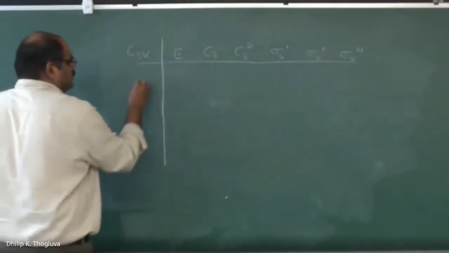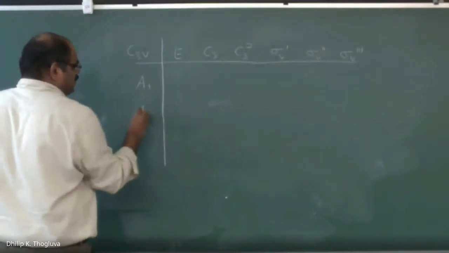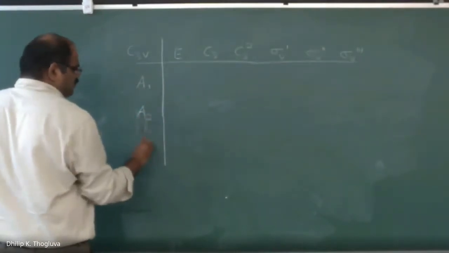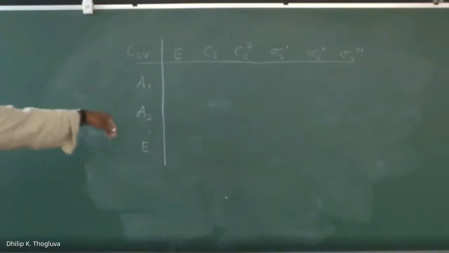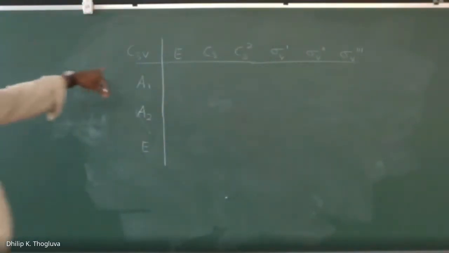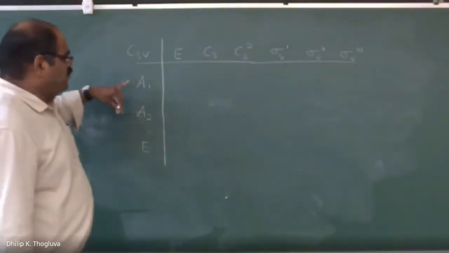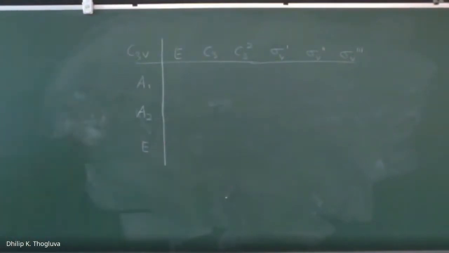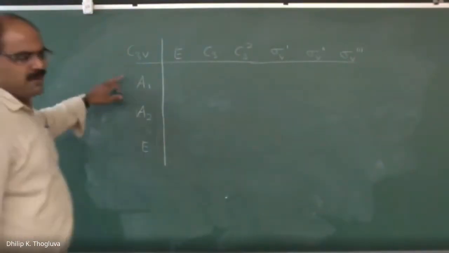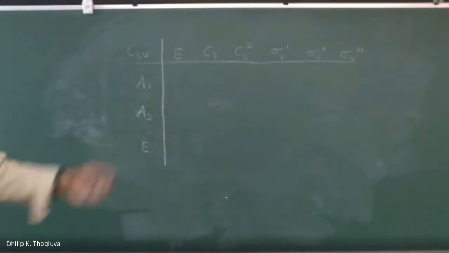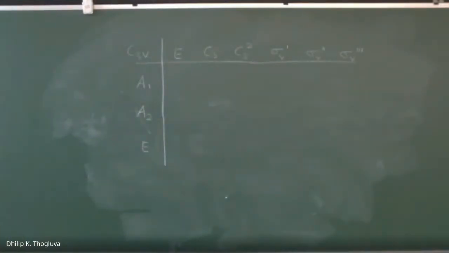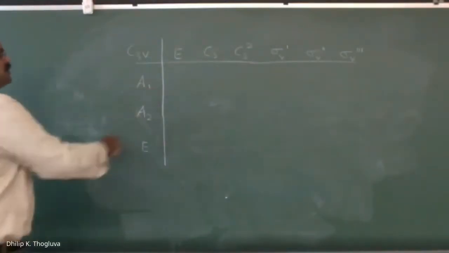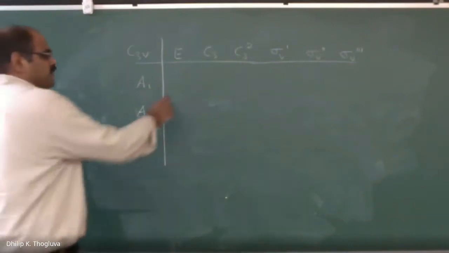Here we write A1, A2, and then E. These are spectroscopic notations, and we will come to this shortly. But how many rows we write in the character table of C3v depends on the number of classes. We just found out there are 3 classes in C3v, so that's the reason we are getting 3 rows, and then we fill the numbers here.